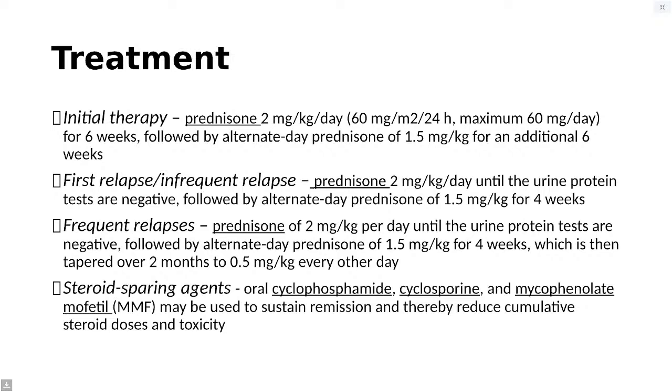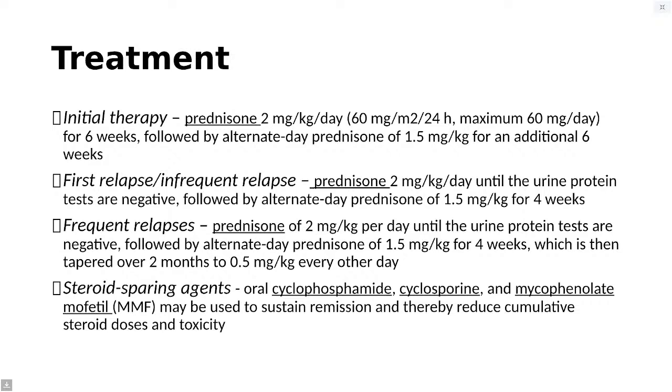If there is first relapse or infrequent relapse, the dose is prednisone 2 milligrams per kilo per day until the urine protein tests are negative, followed by alternate day prednisone of this dose for 4 weeks.